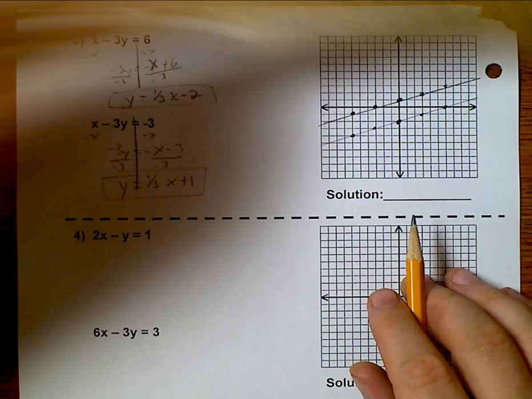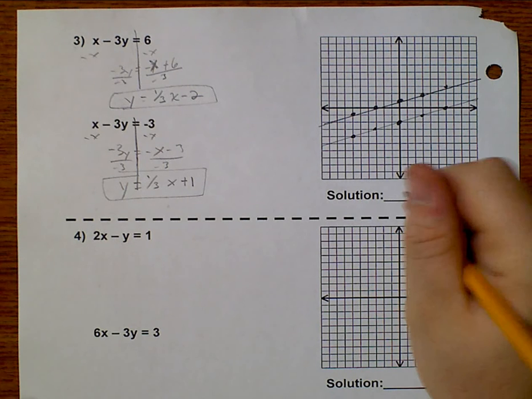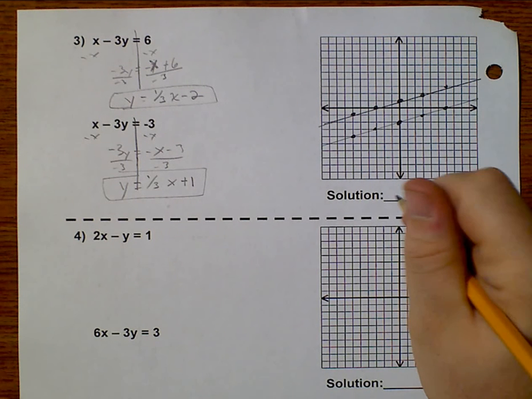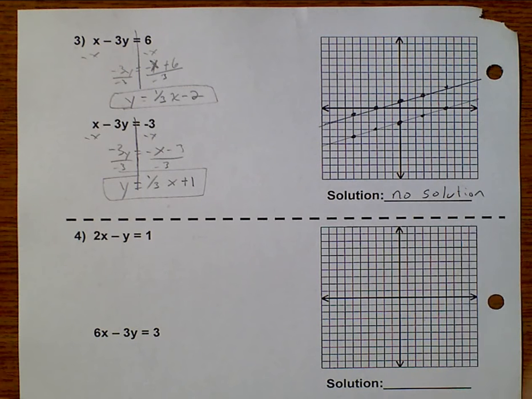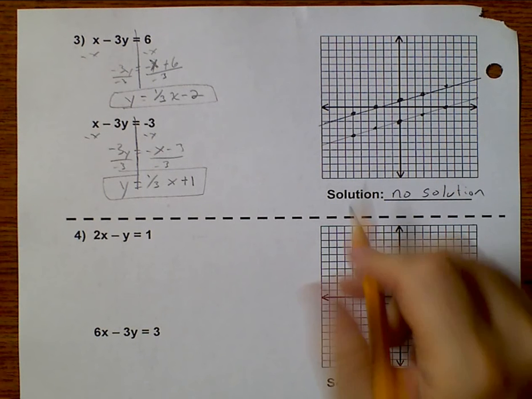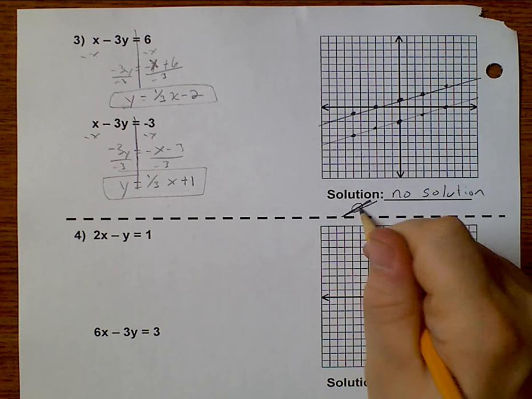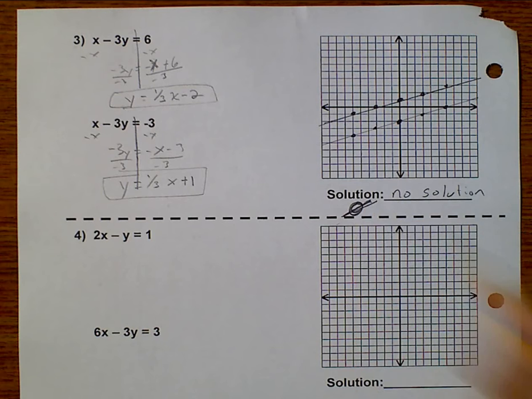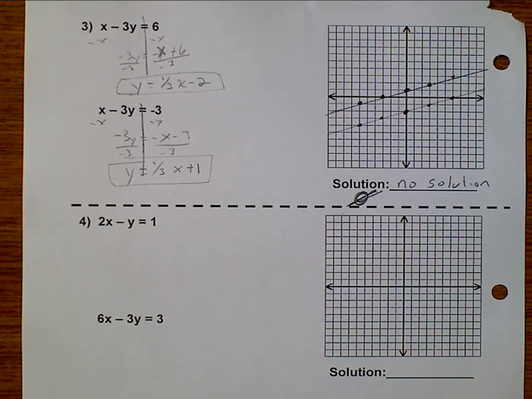And what you'll notice is that here we have two parallel lines. And so there is no solution. We can also do our null set, which is the 0 with a line through it. So if we have parallel lines, we wind up with no solution. Let's go ahead and see what example number 4 has for us.